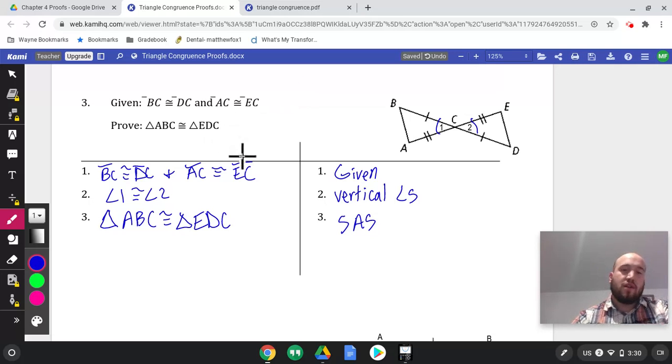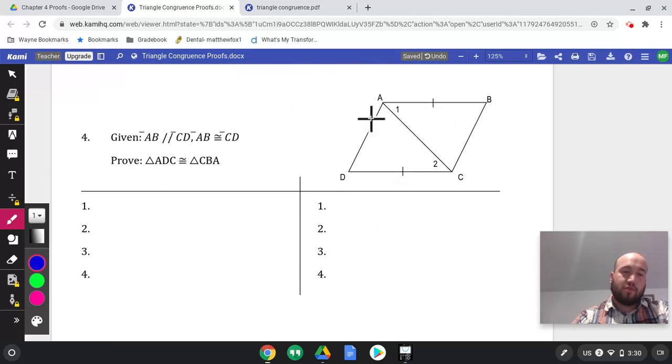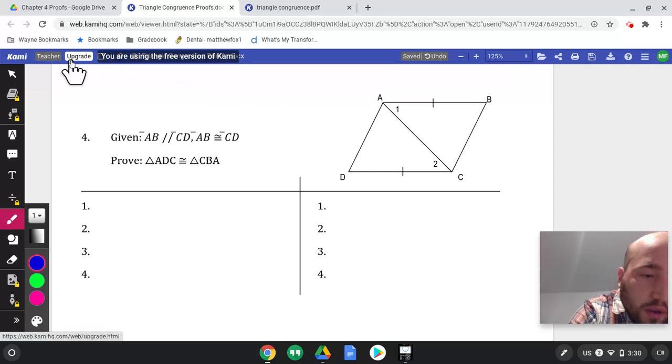All right. Got one more proof for you today. So this one proof I want to go over today, maybe the most difficult. It tells us AB is parallel to CD. Okay, so segment AB is parallel to segment CD.